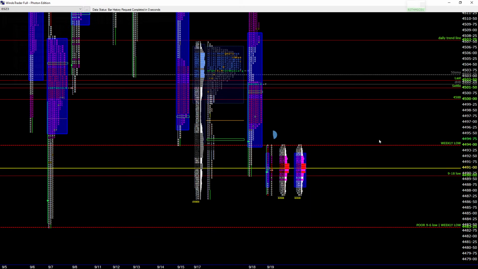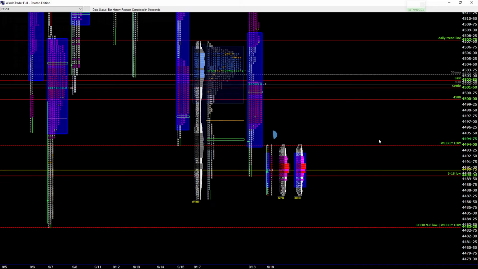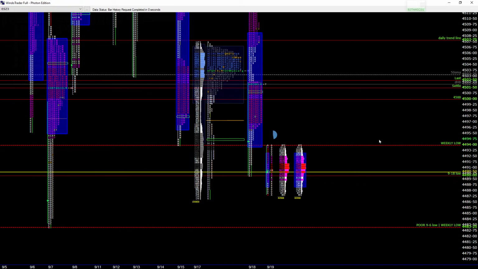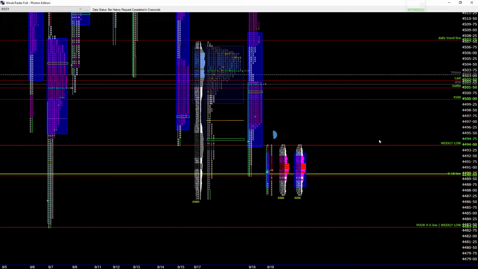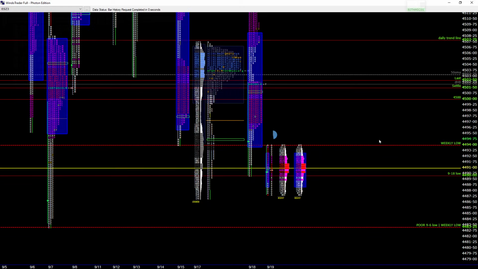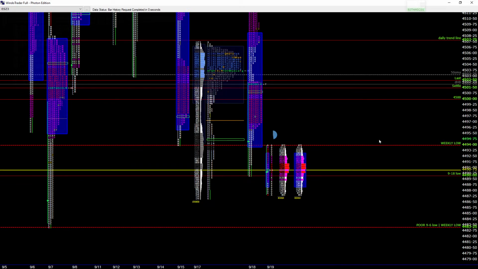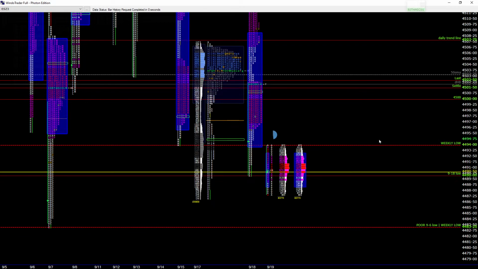Some very mechanical levels, and usually with those kinds of trades, either buy or sell, I aim to have maybe 1 point, a couple of ticks, or 1-2 points, and that's it.